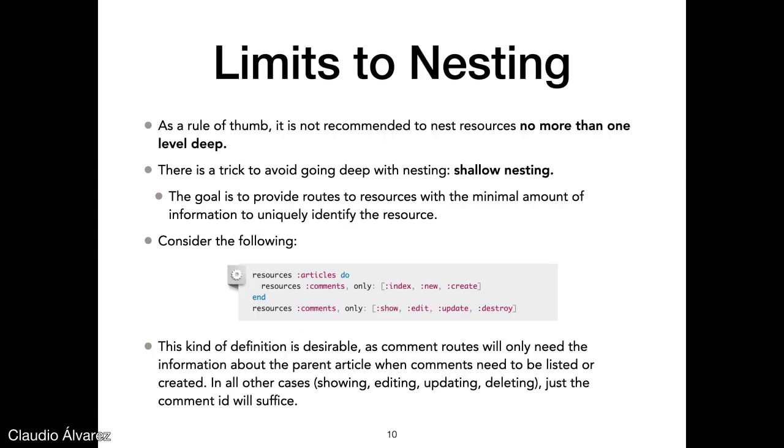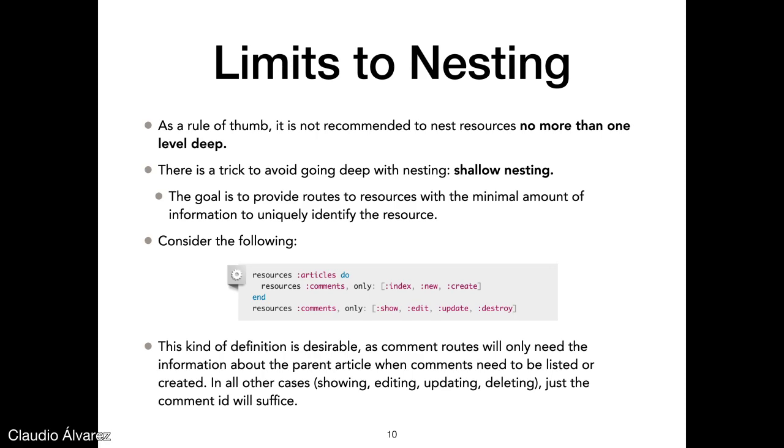Well, we've seen you can nest resources. This will translate to sets of routes that will involve the resources, the containing resource and the contained resource. But this doesn't scale well.